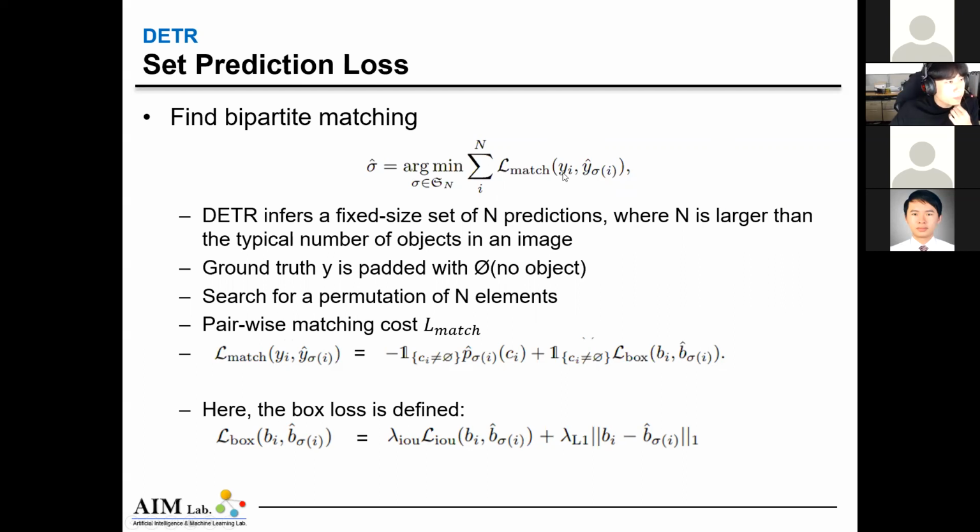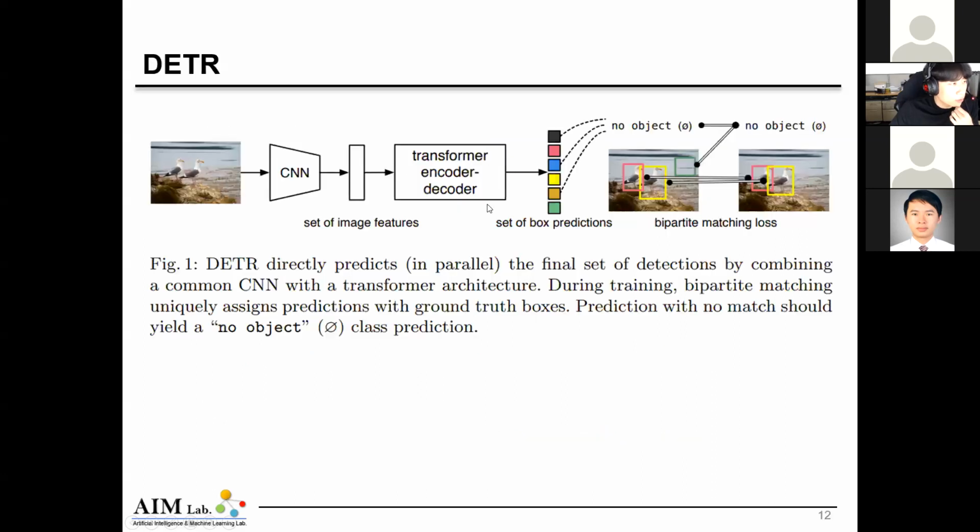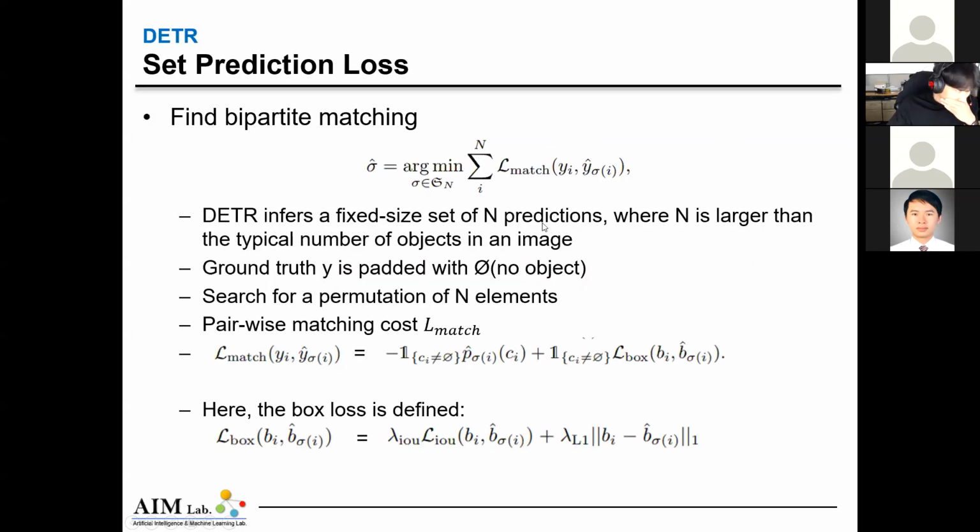They predict the N predictions using the transformer, and then they match between the ground truth and the predicted boxes, all of them using permutation. Then they calculate the cost following this.